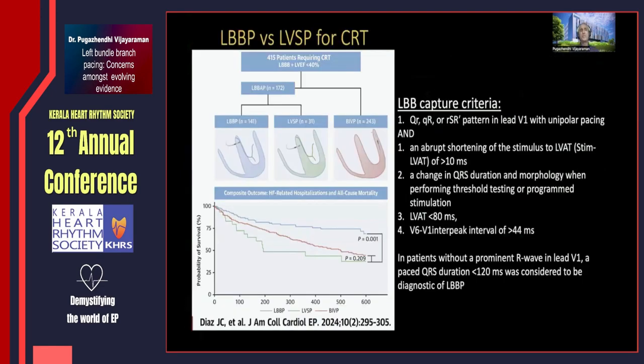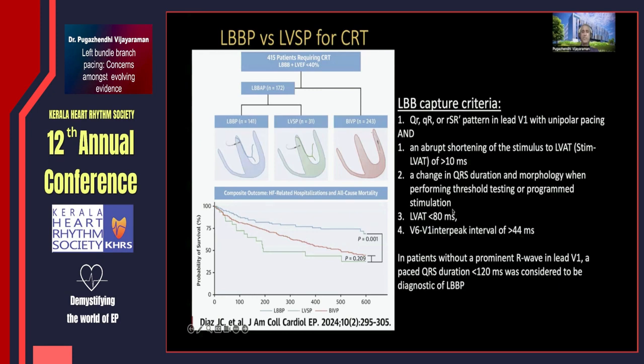So why is this important? This is a study that used slightly established criteria, but it is not clear which of the patients had left bundle branch capture, because the criteria we've established are not perfect. All you needed to have is QR morphology in V1 and any one of these criteria.